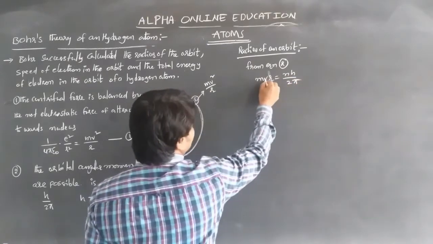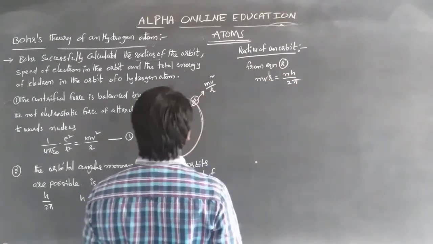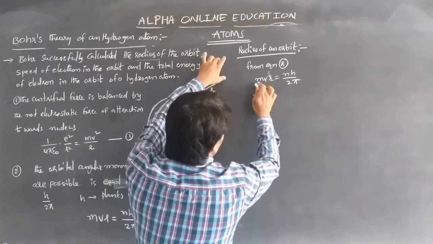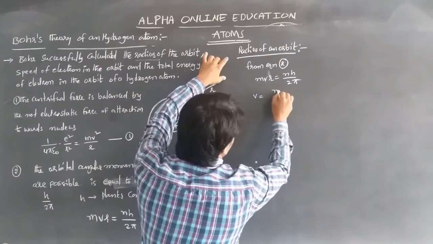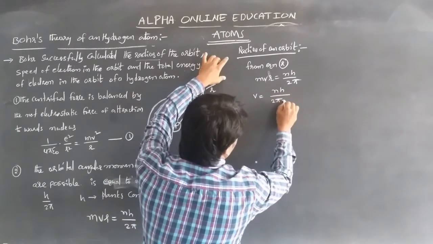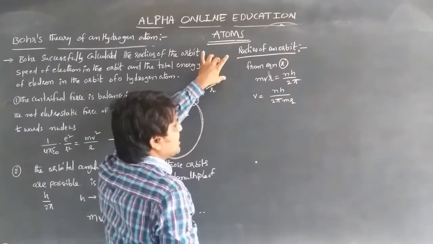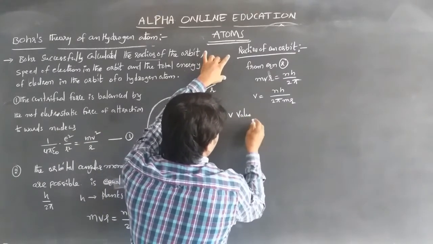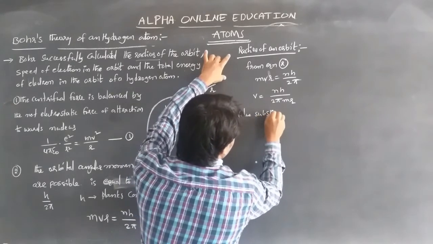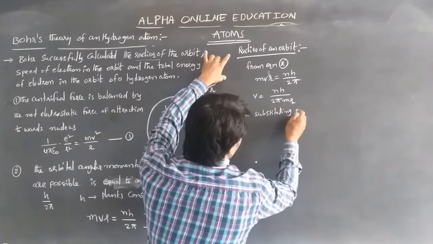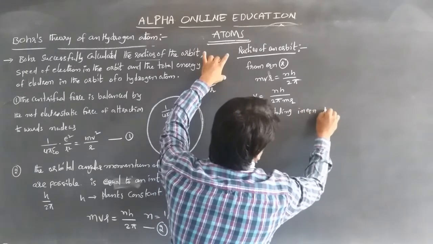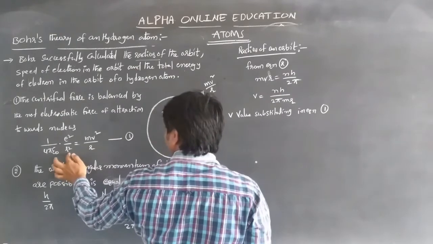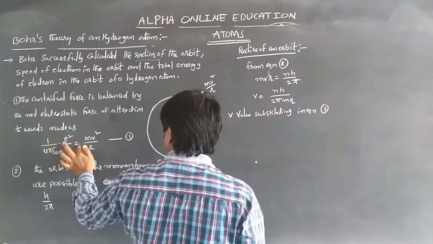From this equation, v is equal to nh by 2 pi mr, when m and r are taken to the other side. We substitute this v value in equation 1, which is 1 by 4 pi epsilon naught into e square by r square is equal to mv square by r.